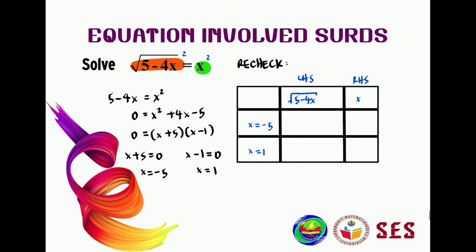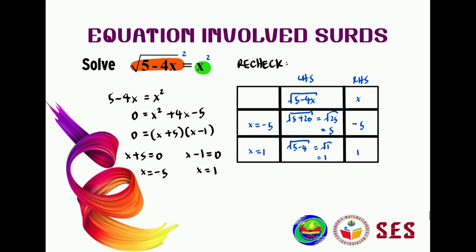So when x equals minus 5, this is equal to square root of 5 plus 20. So this is square root of 25, which is equal to 5. And when x equals 1, this one is equal to square root of 5 minus 4, which is square root of 1, which is just 1. And the right side is equal to minus 5, and this one is equal to 1.